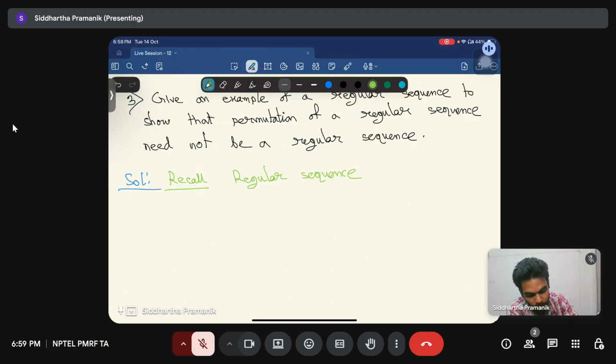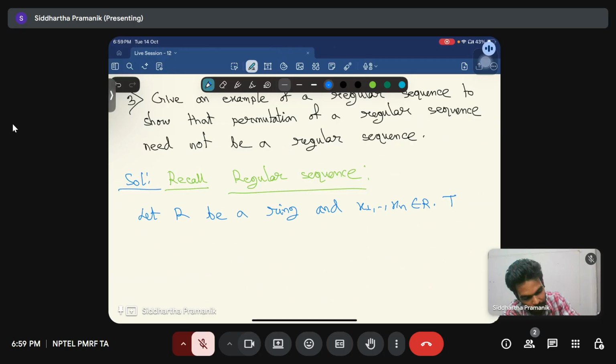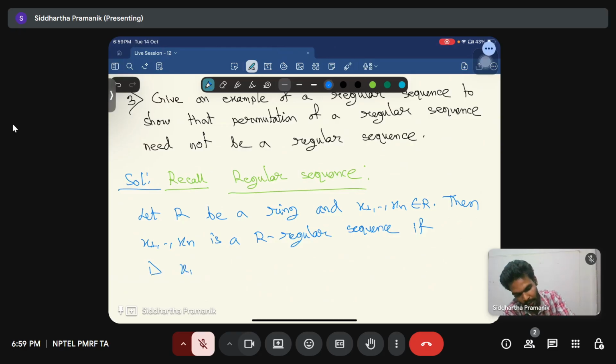So what do we mean by a regular sequence? So let R be a ring, and let's say x1 up to xn belongs to R. Then this x1, x2, up to xn is an R regular sequence if the first one is that you take the element xi.